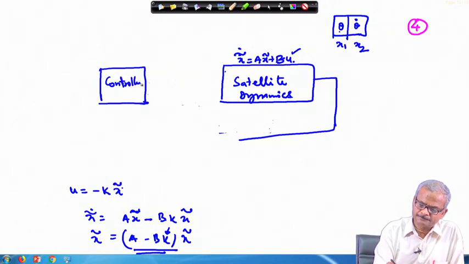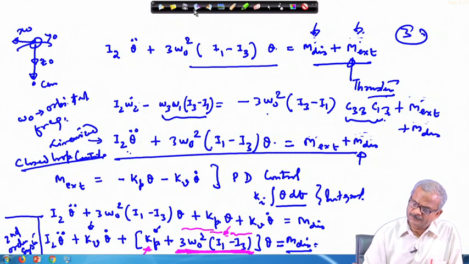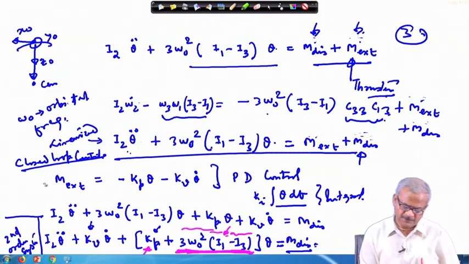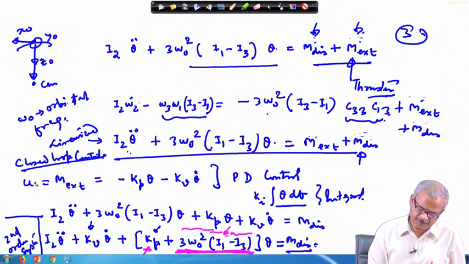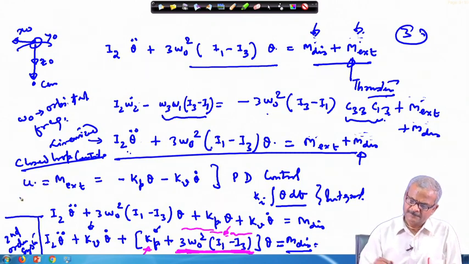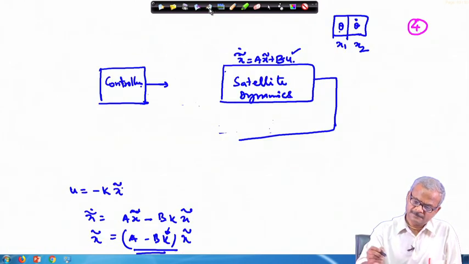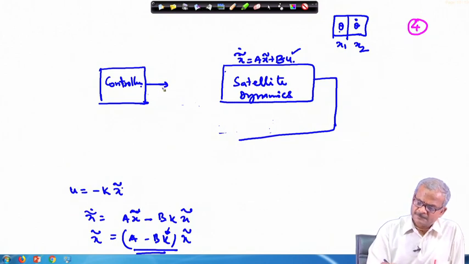Controller. So, this control input we have written as u, the external moment, which is nothing but your u here in this case. So, this is the control input going to this system.